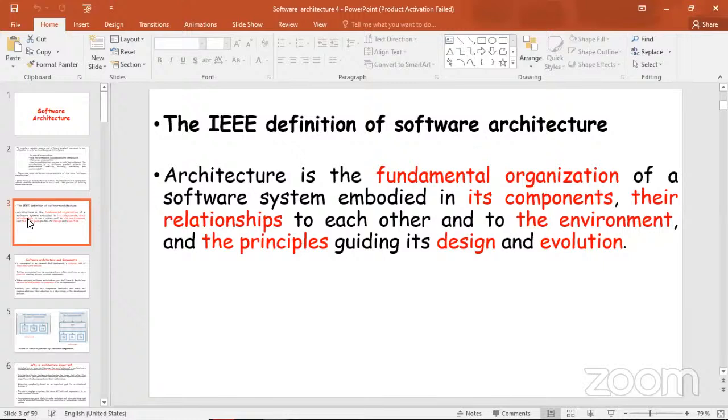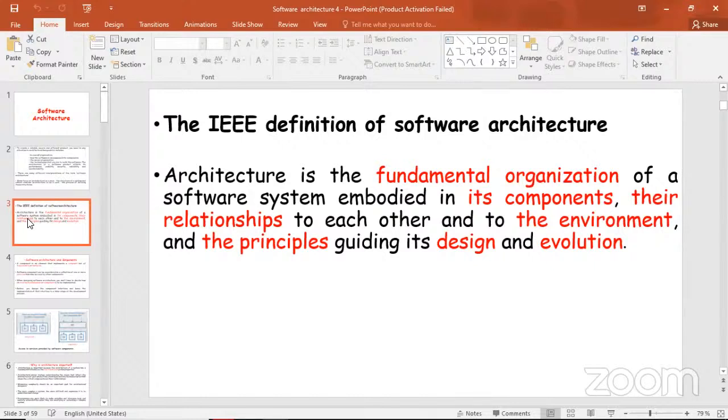So software architecture has to do with the fundamental organization of components and how these components relate to each other in a particular environment based on some principles guiding its design and also its maintenance or its evolution.